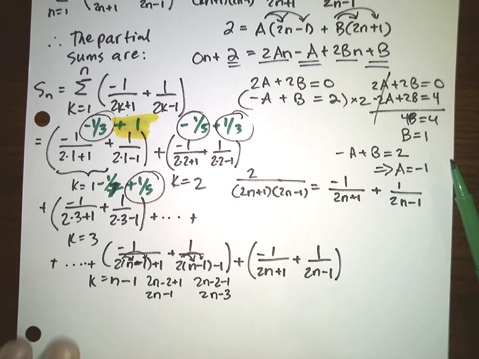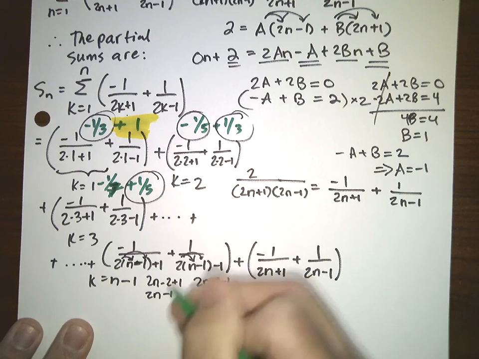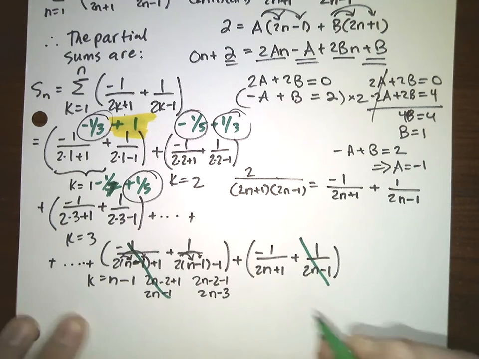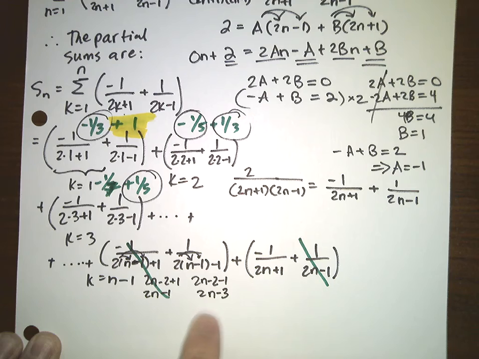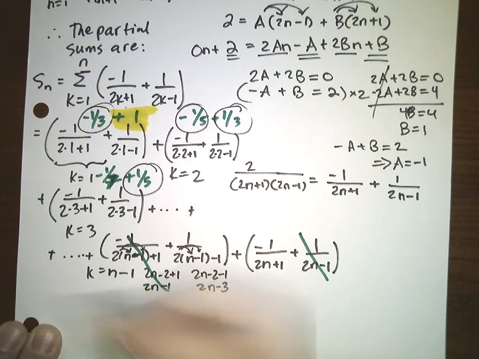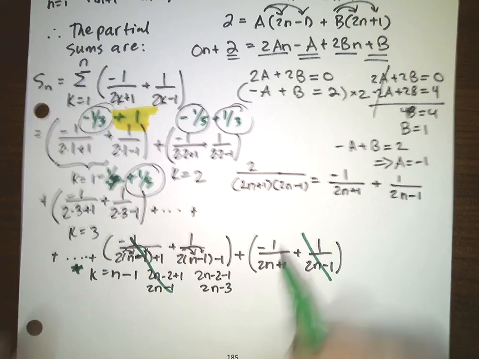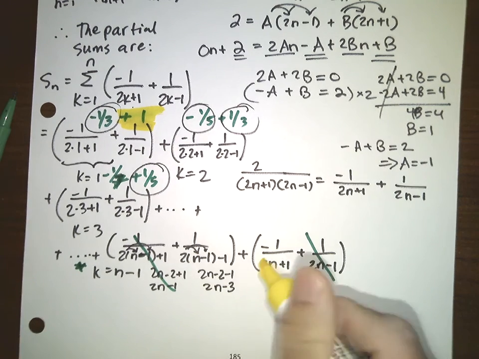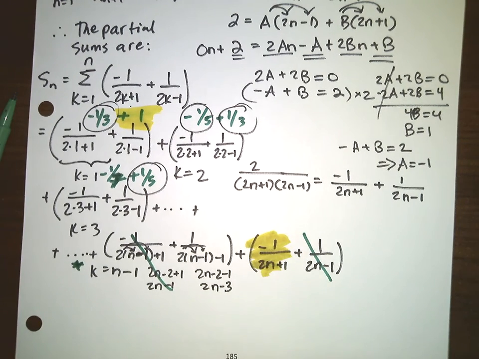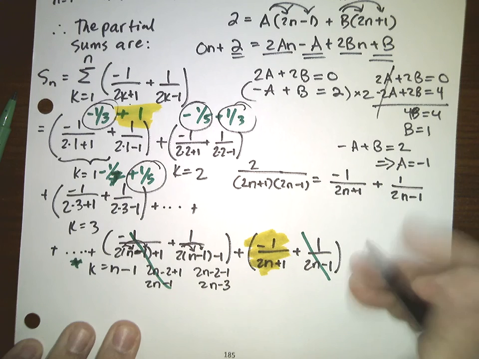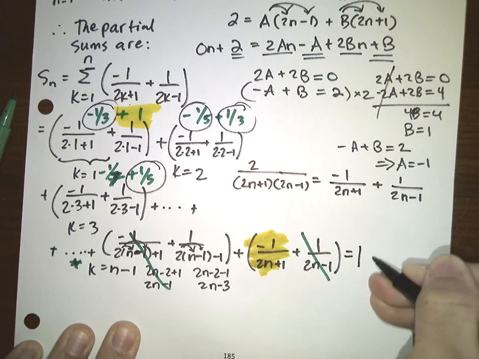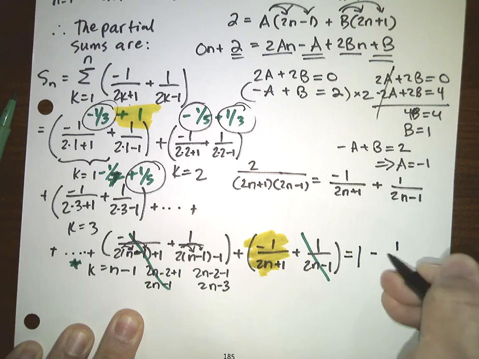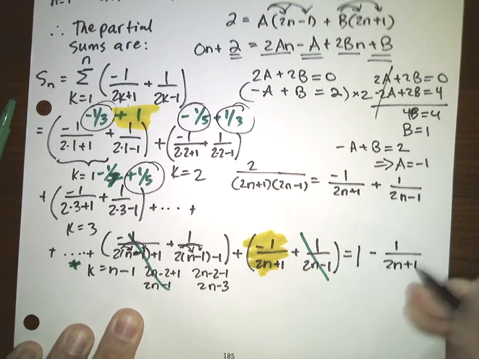Then I can see that the 2n minus 1 term will get canceled out, and the 2n minus 3 term would get canceled out with this one over here. So I'm actually just left with this term right here. So this simplifies to 1 minus 1 over 2n plus 1.